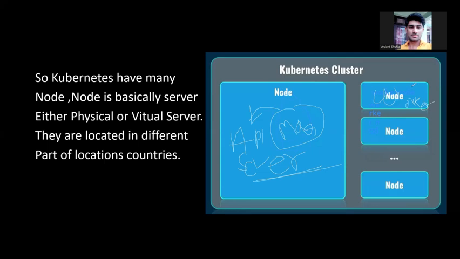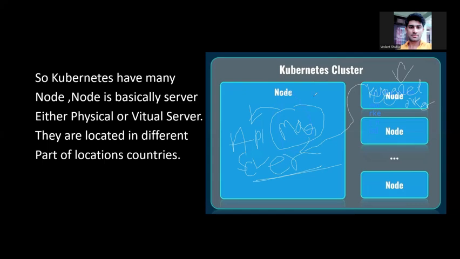And inside the worker node, there is a kubelet. This kubelet gives the response to the API server that the containers present inside that node must be in the running state, and how much resource can be taken.